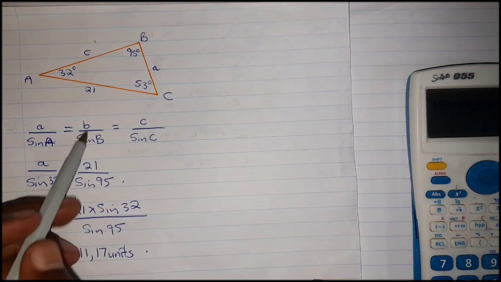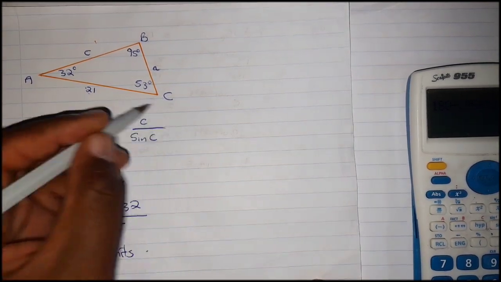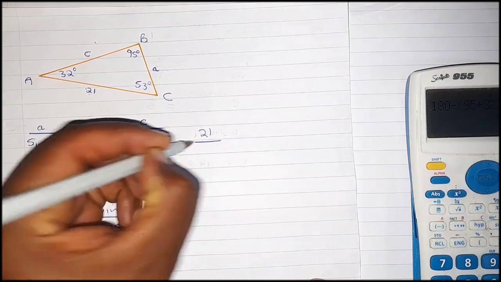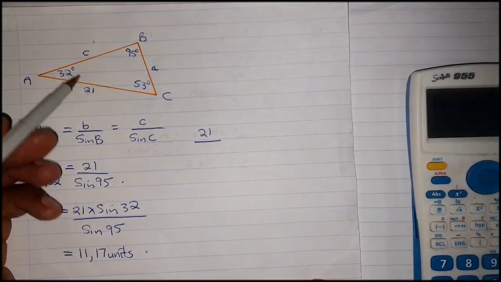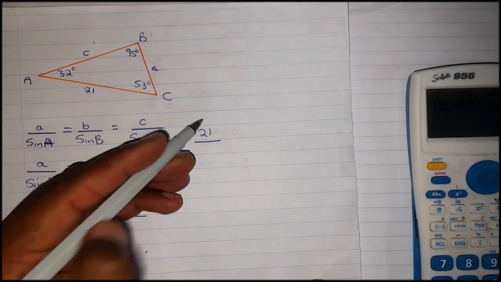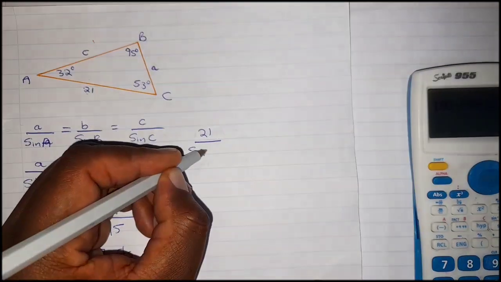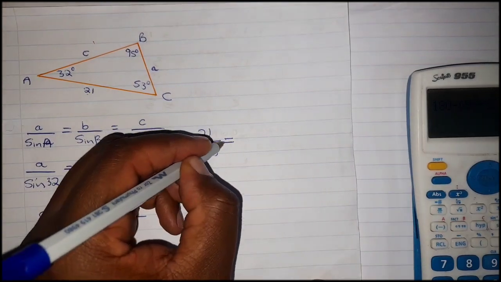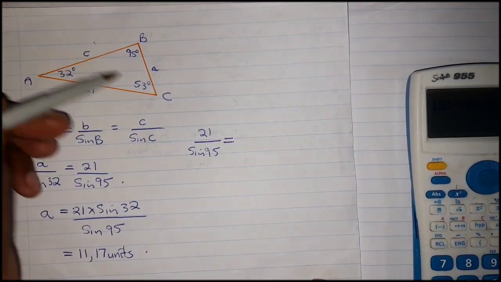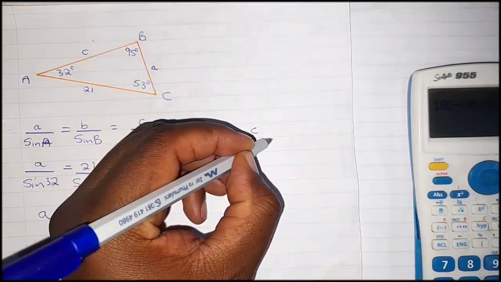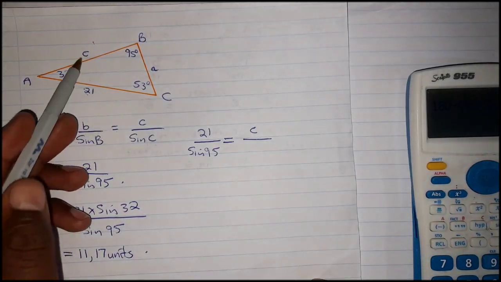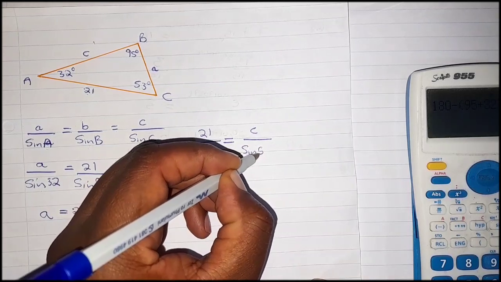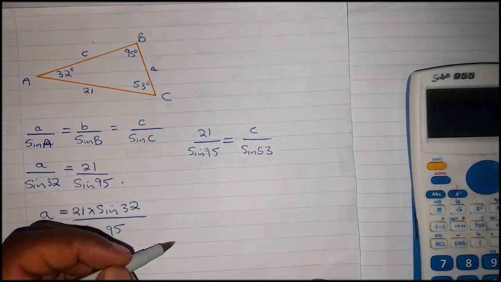Now our b is 21, so 21 over sine 95, that is b over sine B, is equal to c over sine 53.